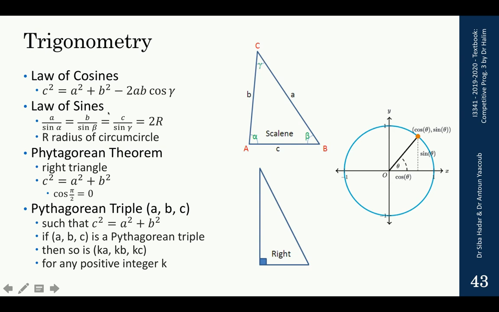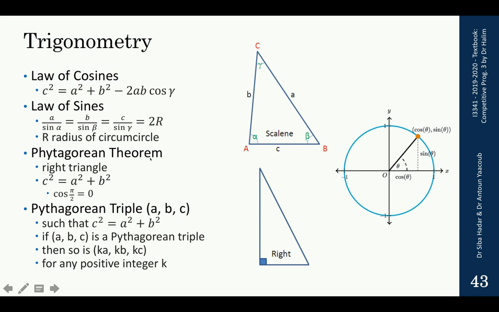And the law of sines, what does it say? It says that a over sine of alpha is equal to b divided by sine of beta is equal to c divided by sine of gamma, and is equal to 2R, R being the radius of the circumcircle we just saw.